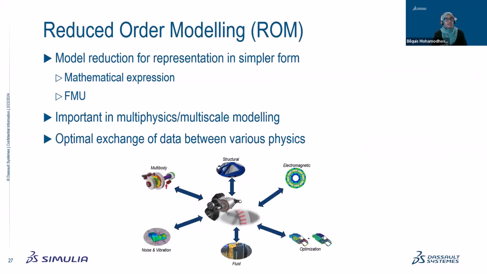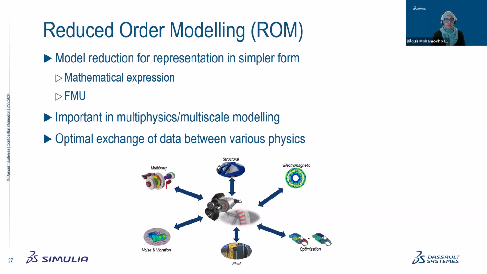So reduced order modeling is something that has also become very popular in the past years, mainly when you have to exchange data between different physics, when you're looking at a multi-physics system.